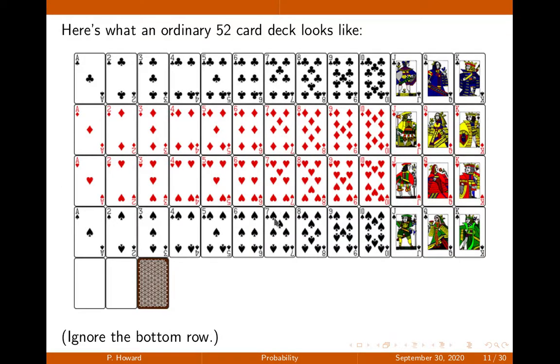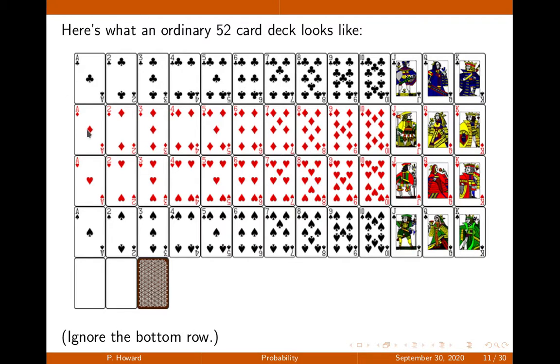Okay, here is a picture of an ordinary 52-card deck. Ignore these three cards in the bottom row. So there are four suits. The suits are called clubs. Those are the cards in the first row of the picture.